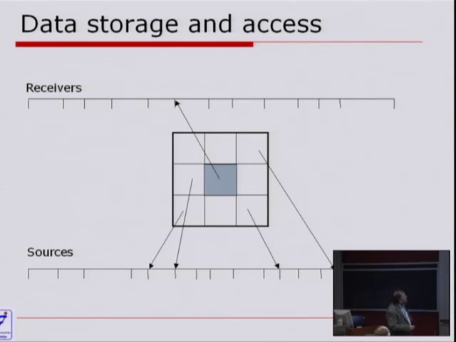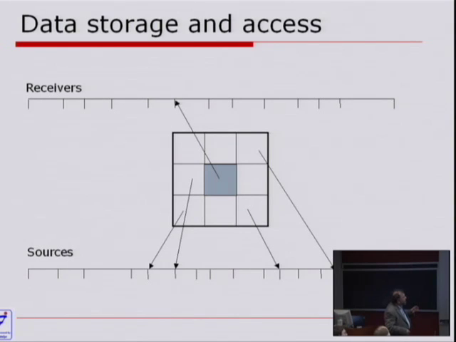This is what we implement in our algorithm. Sources and receivers in FMM can be different; they are like evaluation points and stars. We have storage with hierarchical numbering and bit interleaving, which allows us to store data in such a way that all data located in one box are located linearly.